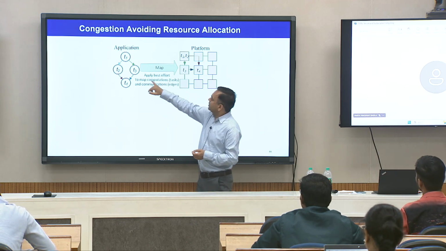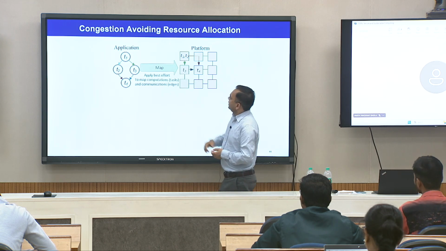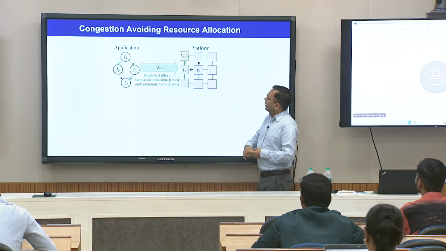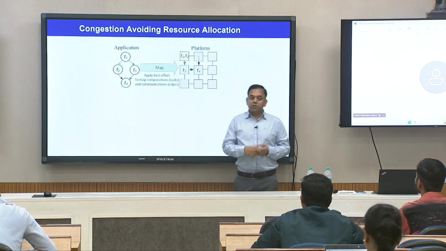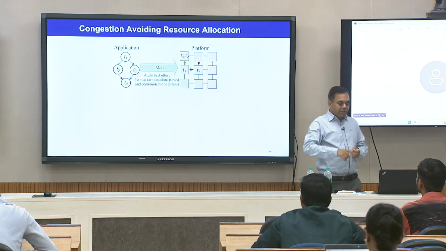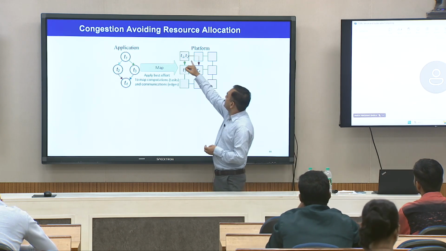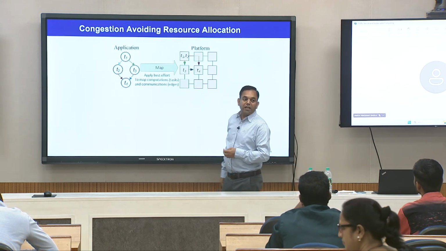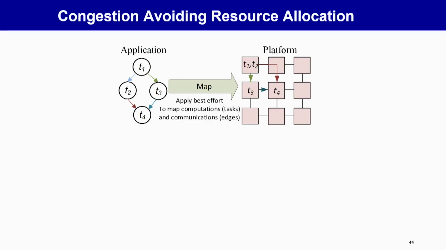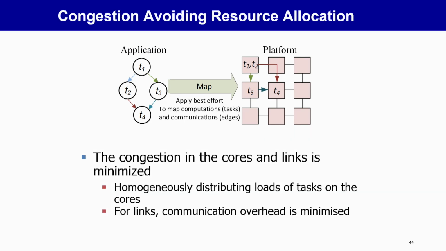You can see T1 to T4 are mapped in some way, and this best effort should try to avoid congestion, and congestion happens when things start talking. So it should try to have as little congestion as possible.